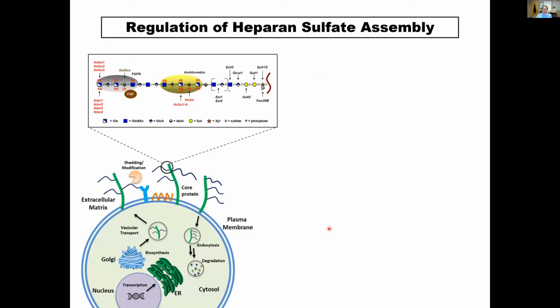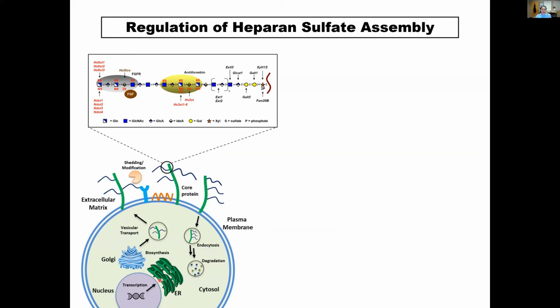So I just wanted to highlight here one of the goals of my research lab: we're trying to understand what regulates the production of glycosaminoglycans, and currently our focus is on heparan sulfate due to its wide range of functions, not only in normal biology but also in different diseases.